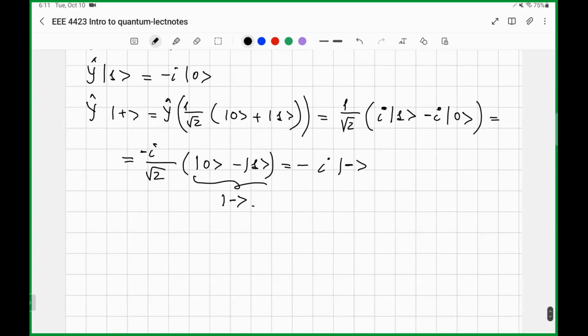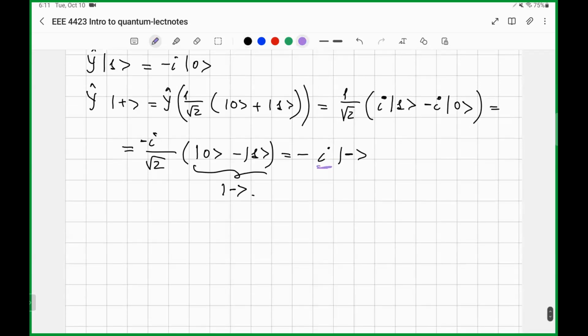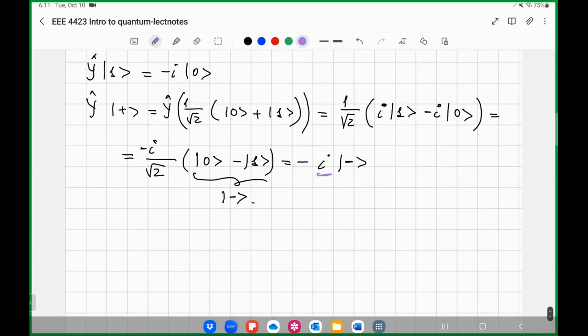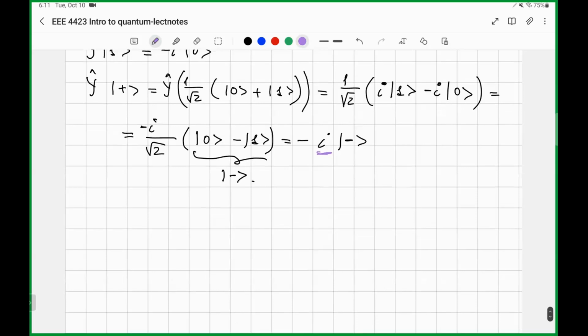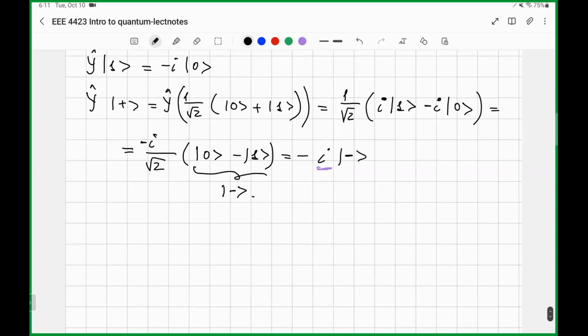So what do we do with this i or minus i, some complex number before the state? In this case it is i, but if we recall Euler's formula, e to the power of i lambda is cosine lambda plus i sine lambda, right?